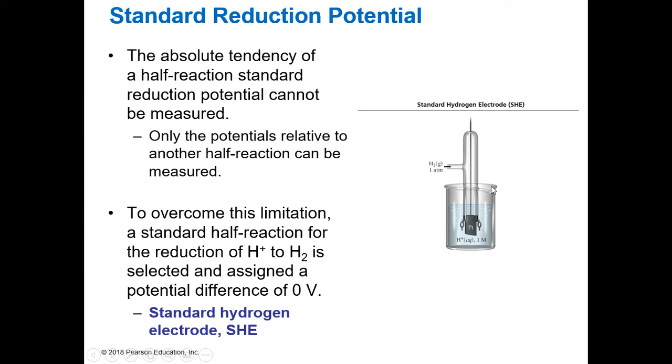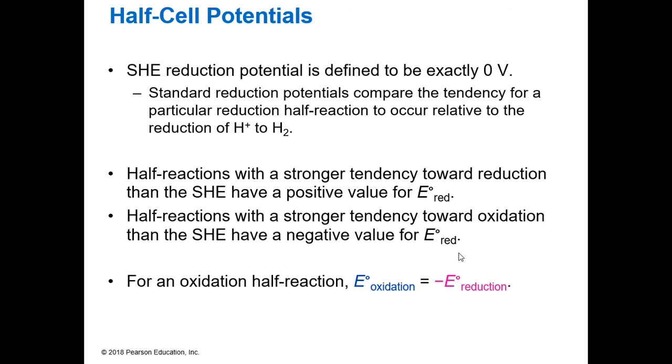Once we have a voltage of 0 for the standard hydrogen electrode, we can now compare everything else to this electrode. So the standard hydrogen electrode reduction potential is exactly 0 volts. So that means it does not take any energy.